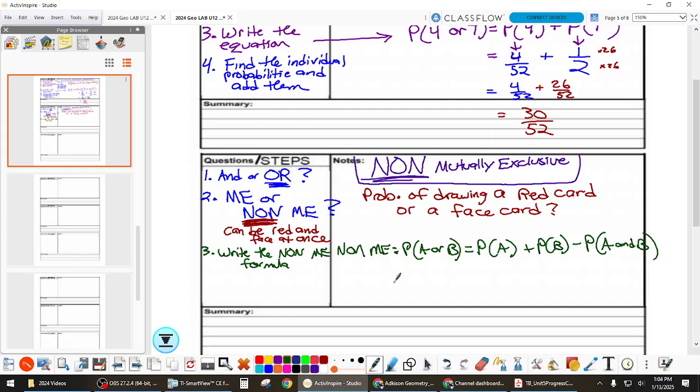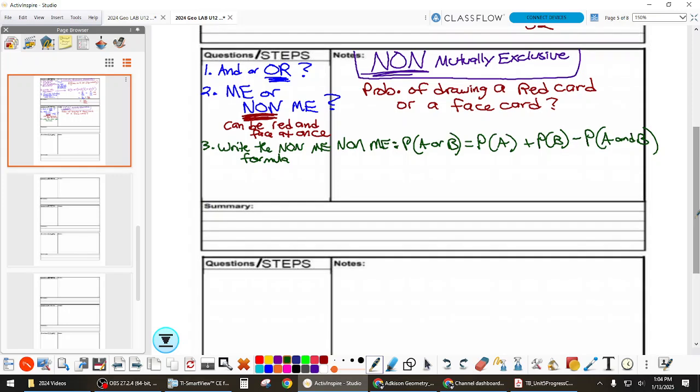Red face cards, right? How many are there of those? 6. Okay?